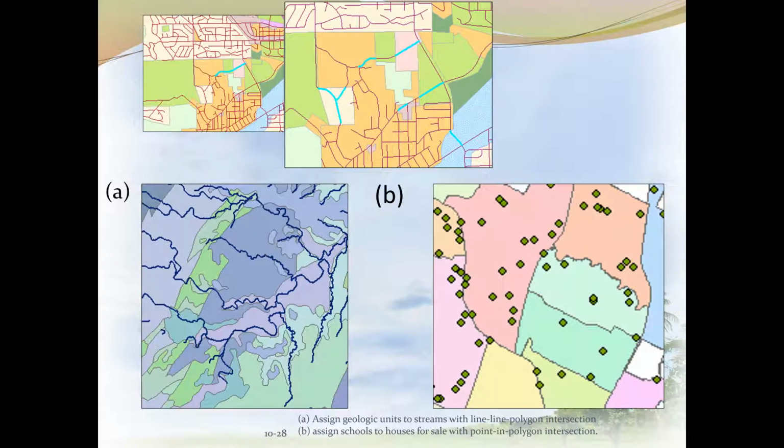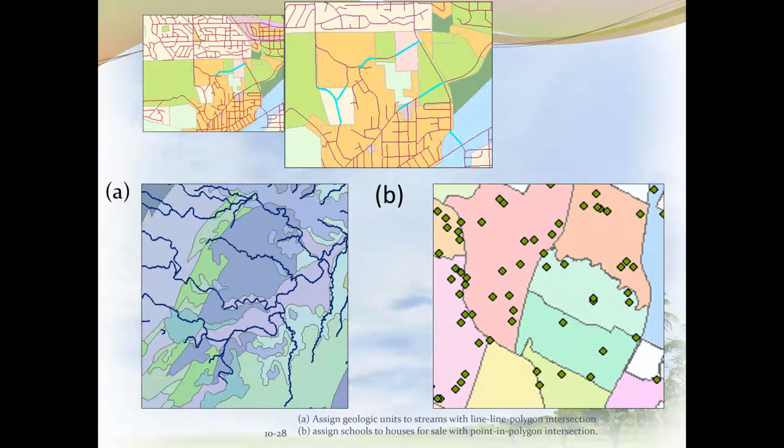This slide, the 2 images on top, is an example of line in polygon intersection and assigning land use categories to the roads. And in A, so here we see that line in polygon intersection is used to assign a geologic unit to each stream reach, useful for estimating stream loss to groundwater.